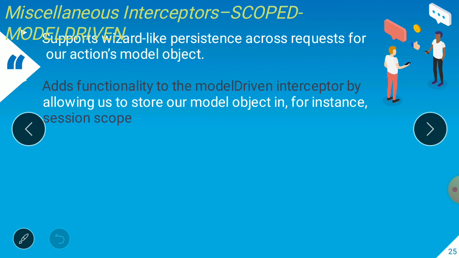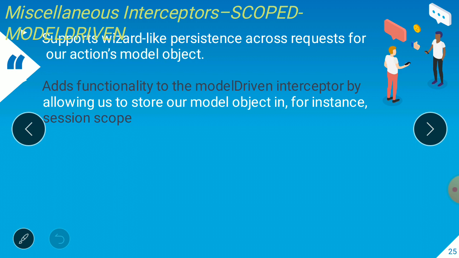So the next interceptor we are going to see is the scoped model driven interceptor. It's a wizard-like persistence across requests for the action's model object. It adds functionality to the model driven interceptor by allowing us to store our model object in, for instance, session scope.